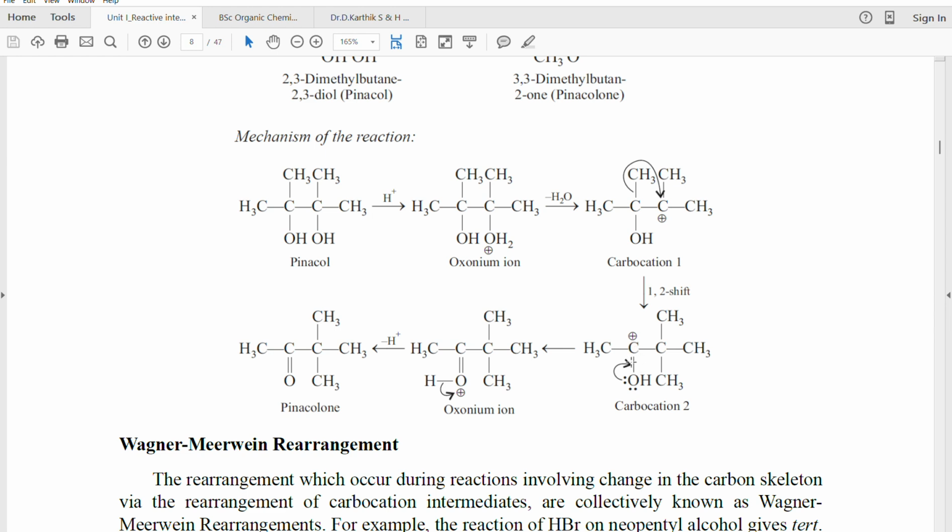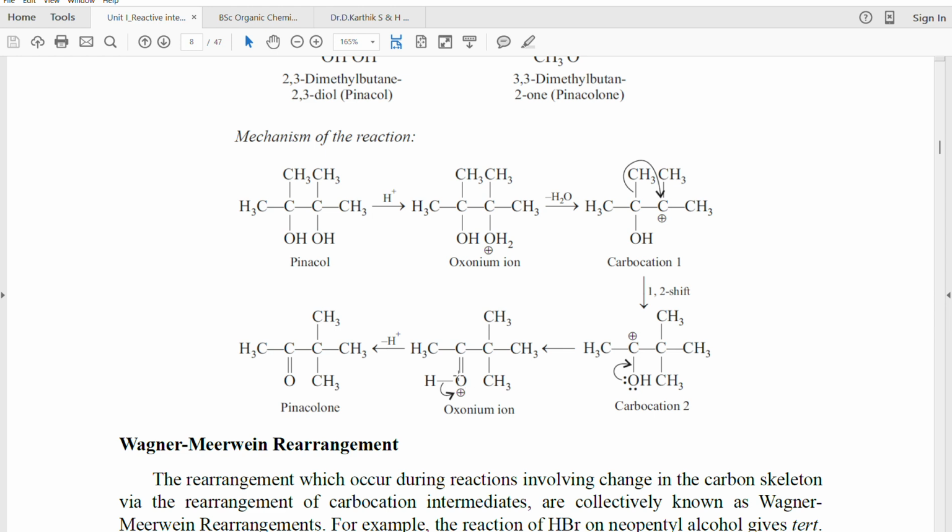Once you have drawn the most stable carbocation, then finally the next step will be the formation of the product, right? So once the carbocation is formed, that is a resonance stabilized carbocation. So you just have to draw the resonance stabilized carbocation structure. That means this carbocation is stabilized by the resonance and it makes an oxonium ion.